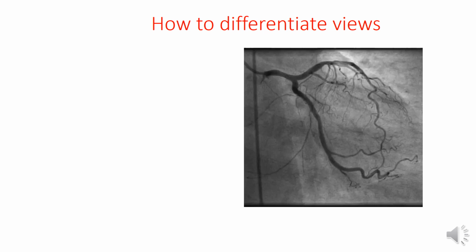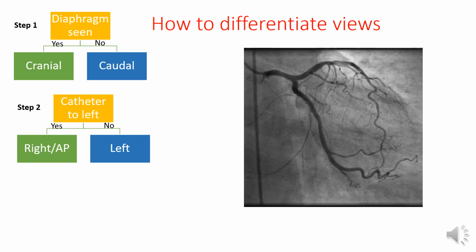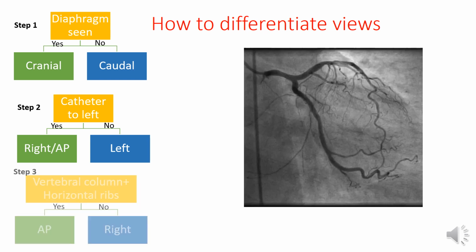Another example: here we can see the diaphragm, so this is a caudal view. The catheter is on the left, so it is right cranial or right caudal or epicaudal view. We can see the vertebral column and the ribs are oblique, so this is a right caudal view.